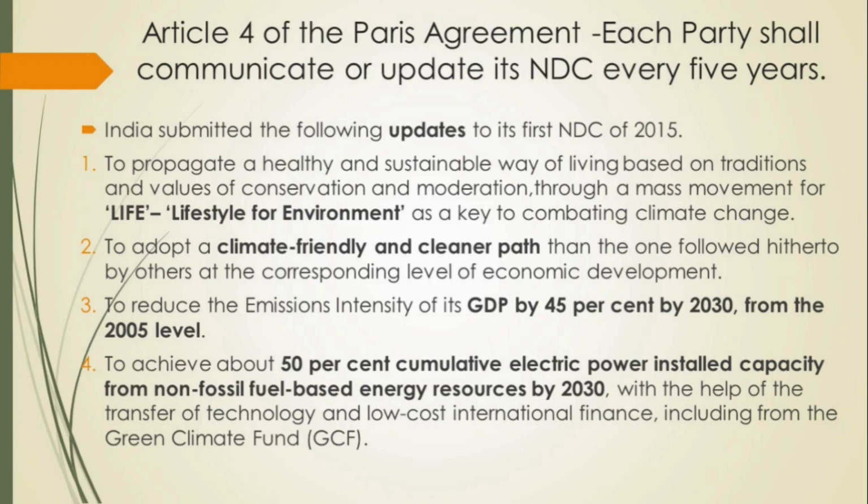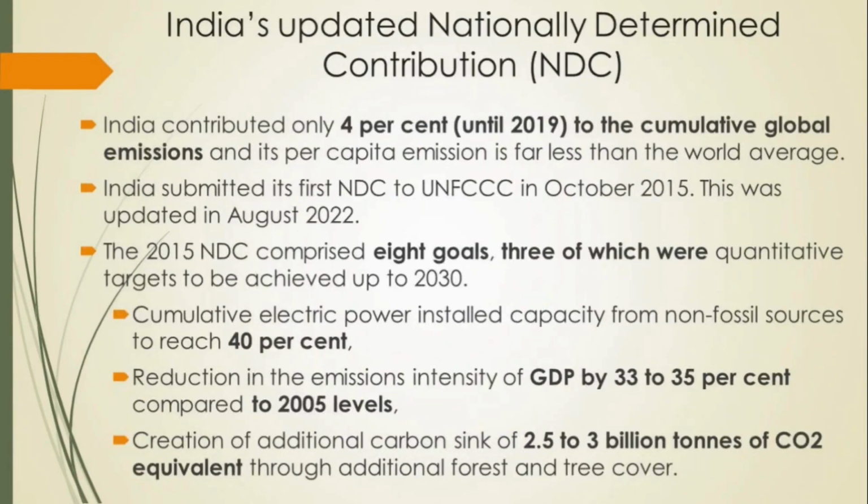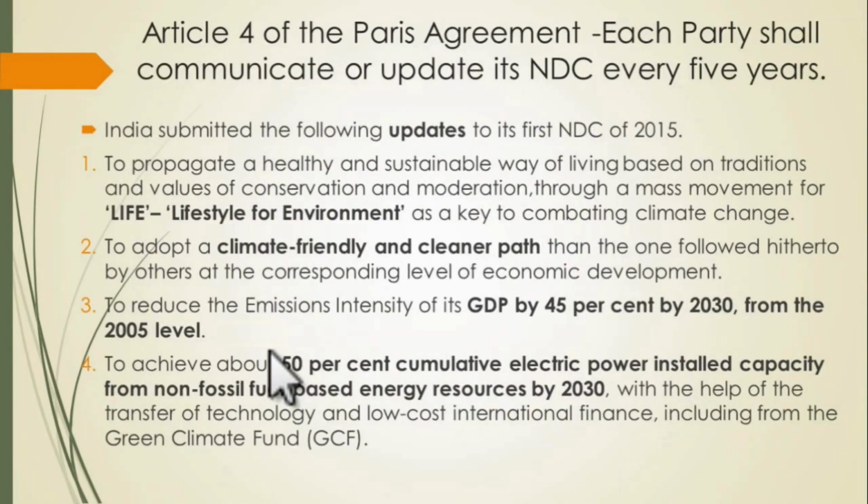Then the next important update is to achieve 50% cumulative electric power installed capacity from non-fossil fuel based energy resources. In the previous slide we have seen 40%. We wanted to achieve 40% installed capacity, but we have already achieved that 40% installed capacity.